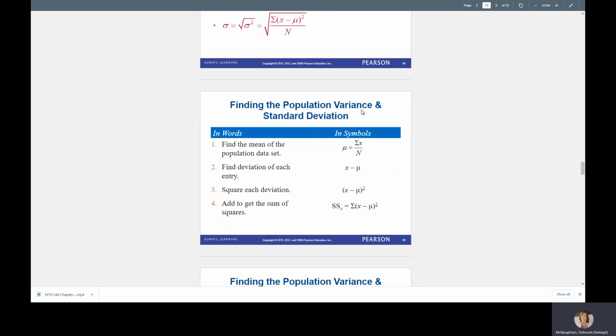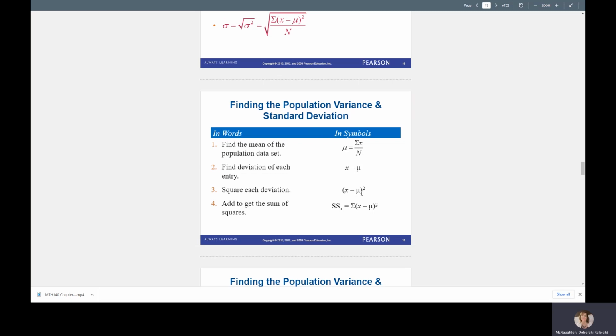So to find the population variance and standard deviation, we would first calculate the population mean, which is denoted by mu, which is the sum of the x values divided by the number in the population. And then we would find the deviation of each entry by taking that mean and subtracting it from each value in the data set. So we'll create a new column that's x minus mu.